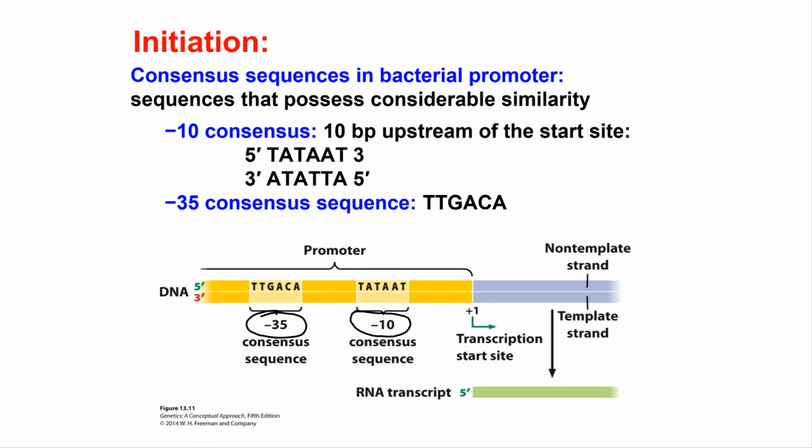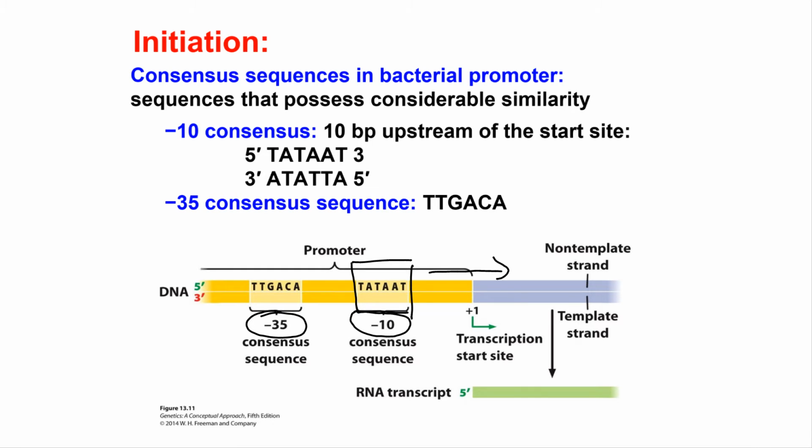Upon binding and recognition of the consensus sequences, the transcription apparatus starts to unwind the DNA, and this unwinding starts right here at the -10 consensus sequence. From there, it extends downstream of these consensus sequences.